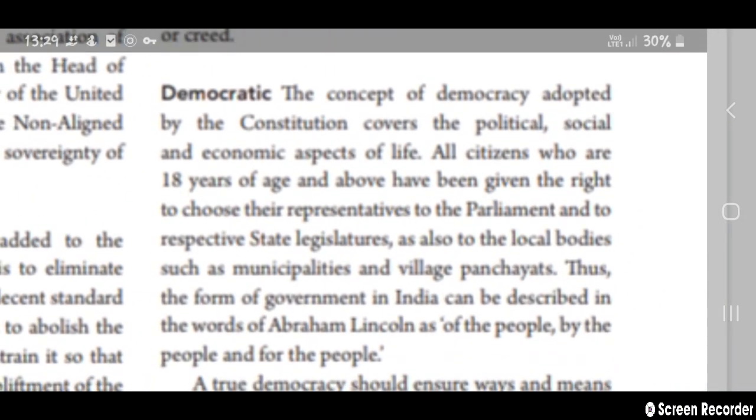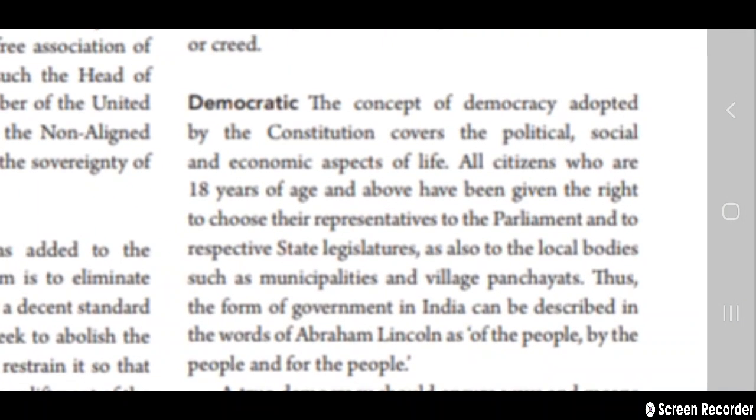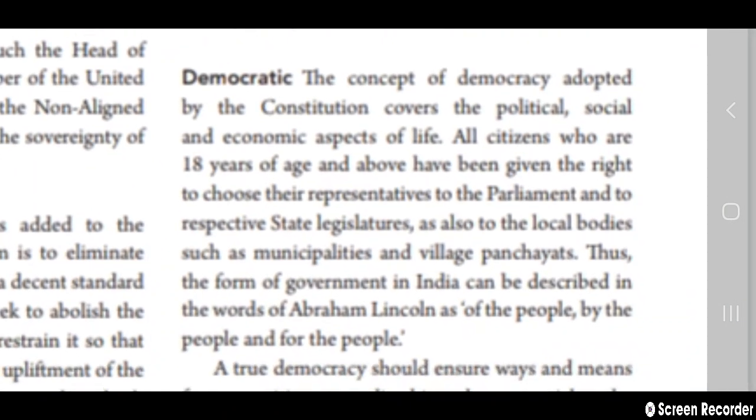Next is democracy. The concept of democracy adopted by the Constitution covers the political, social and economic aspects of life. All citizens who are 18 years of age and above have been given the right to choose their representatives to parliament, and to municipalities and village panchayats.